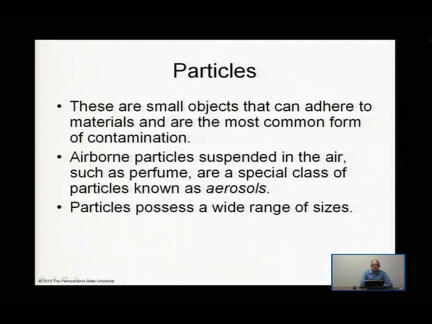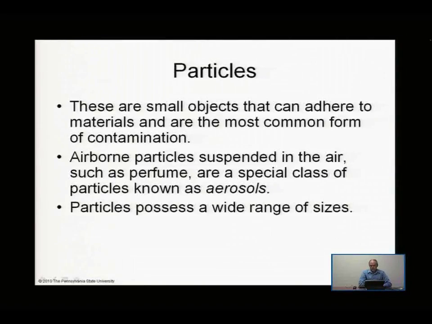Particles. Well, we've talked about particles before. These are small objects that can adhere to materials and are the most common form of contamination. Airborne particles suspended in the air are known as aerosols, and an example of a source of aerosols is perfumes.